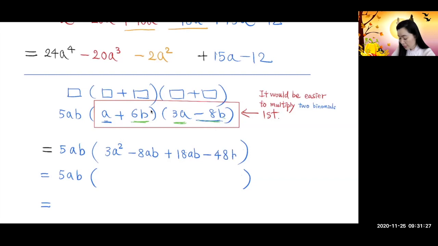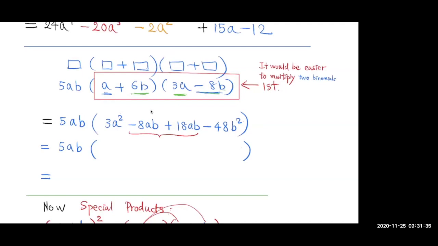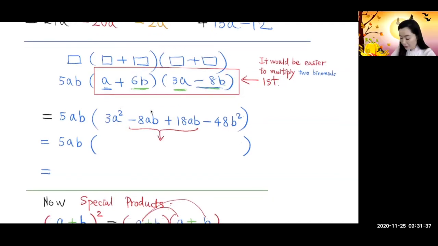Now, any like terms to combine? The 2 middle ones. Yeah. So we get 10ab, because negative 8 plus 18 is 10. So combine the coefficients, we get 10ab. Now this one here is 3a squared, and then this is negative 48b squared.